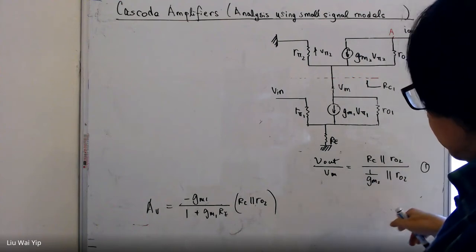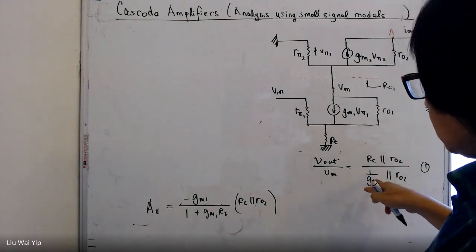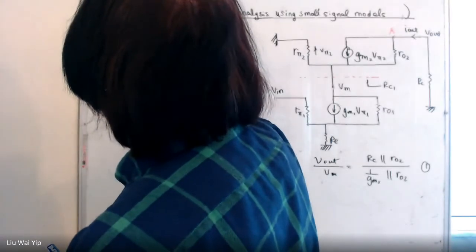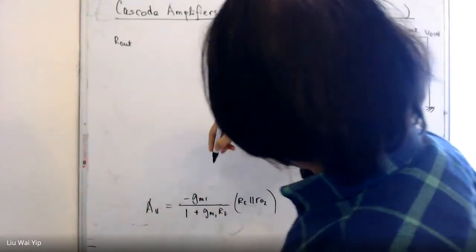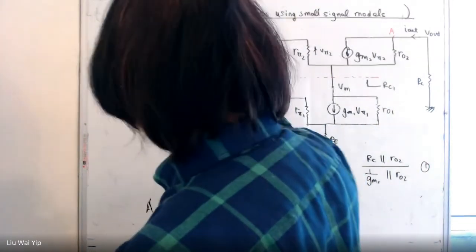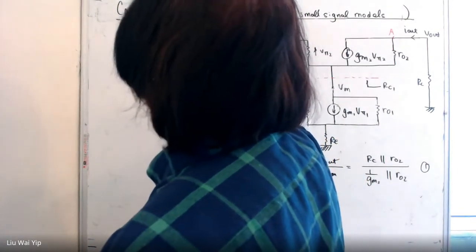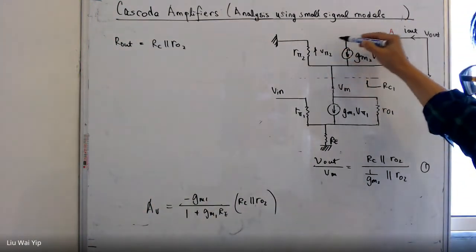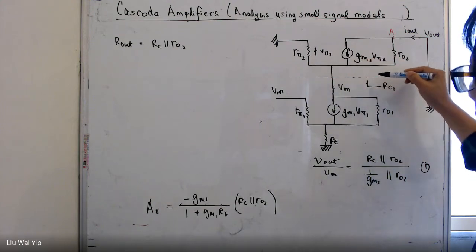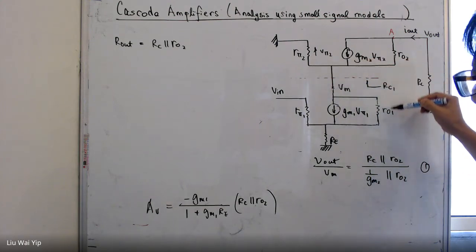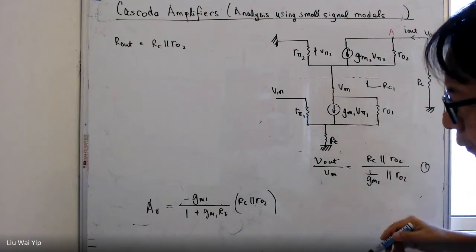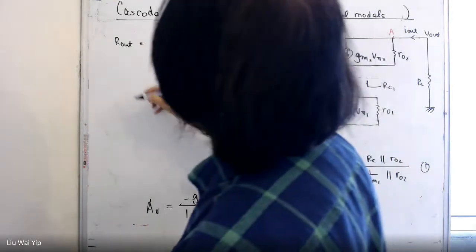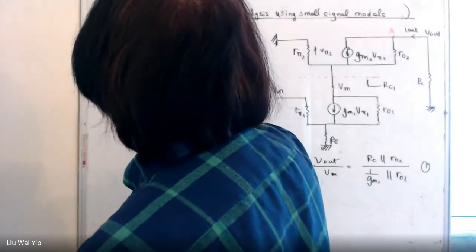Here, the output resistance is assumed based on the expression here. We just assume it is equal to RC in parallel with RO2. Yeah, we based on the resistance analysis on RO1. It is an approximation.